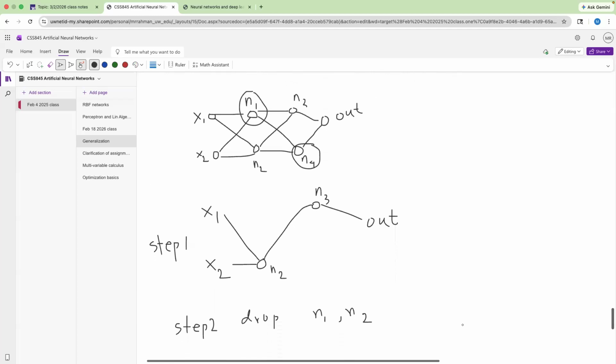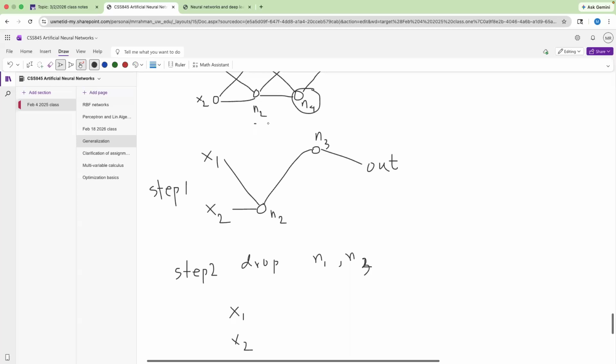Sorry, I meant to say I want to drop N1 and N3. Okay. So if that happens, I just have the two bottom neurons, N2 and N4. So both of these are going into N2, and this goes into N4, and that just goes into your output, right?